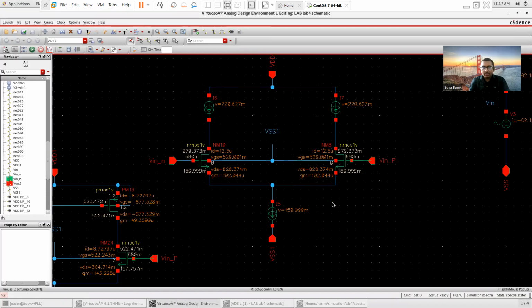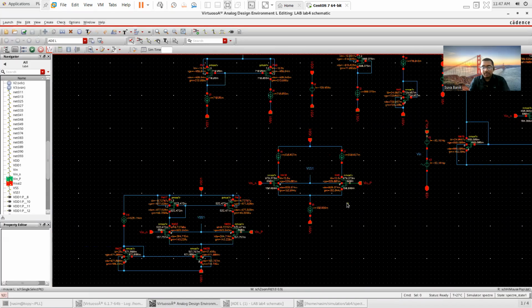It is very important to configure this circuit. Otherwise, my calculation might be wrong and my circuit might not work properly. Therefore, it's very crucial to determine mu n Cox, mu p Cox, as well as the maximum and minimum threshold voltage for NMOS as well as PMOS using appropriate circuitry as well as appropriate bias current.